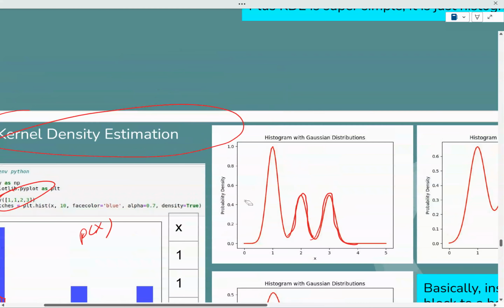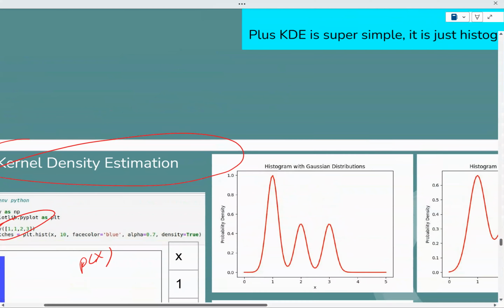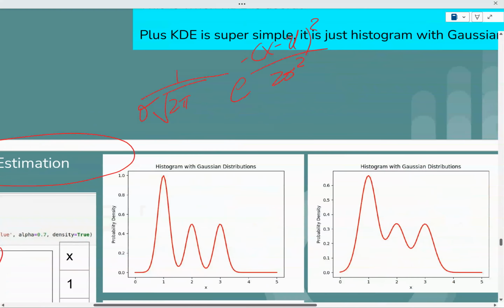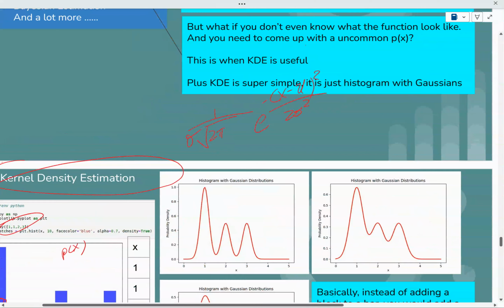Now, when you place a Gaussian distribution somewhere, remember the equation of a Gaussian is 1 over the square root of 2 pi sigma squared, times e to the minus (x minus mu) squared over 2 sigma squared. By setting mu, you can put the Gaussian anywhere at the center.